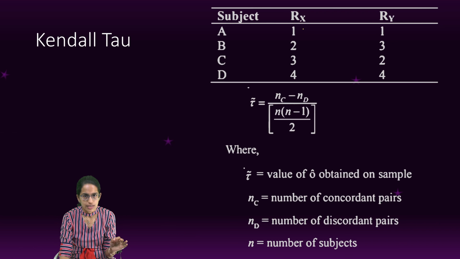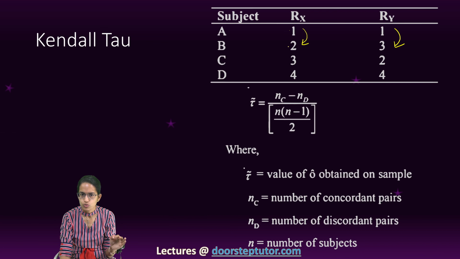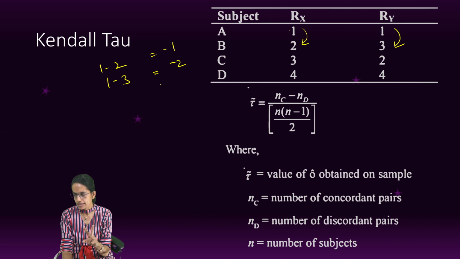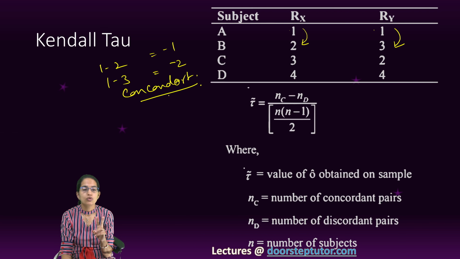Take the relation between A and B. In the first case, it is 1 minus 2, and in the second case, it is 1 minus 3. So it's minus 1 and minus 2. Both of them have the minus sign, and therefore we call this a concordant pair.